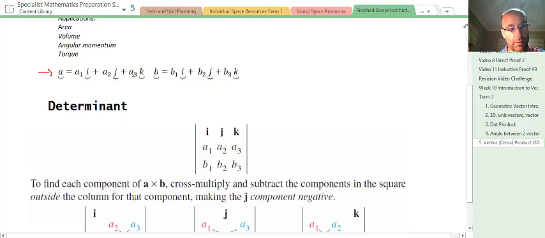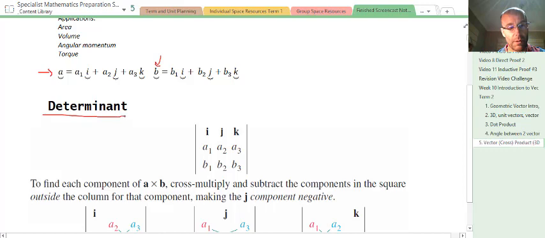We use A1, A2 and A3 to show they're not necessarily the same coefficients in front of i, j and k. And a second vector B, which is B1 i, B2 j and B3 k. So they're just generic vectors.